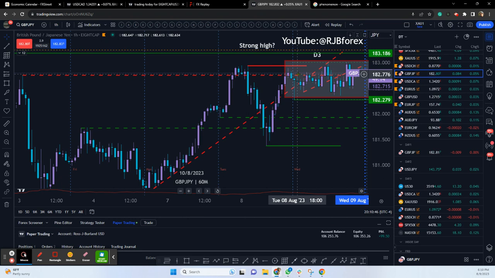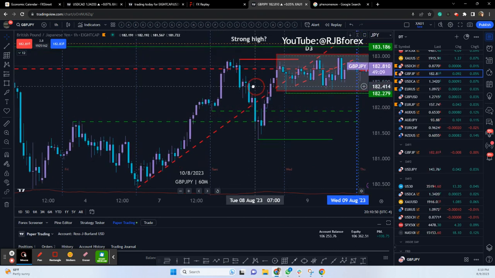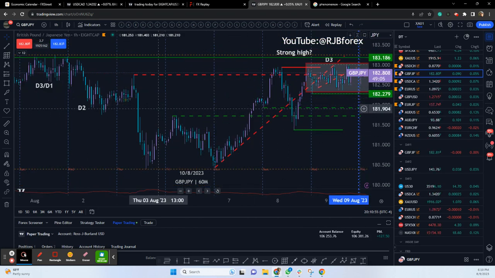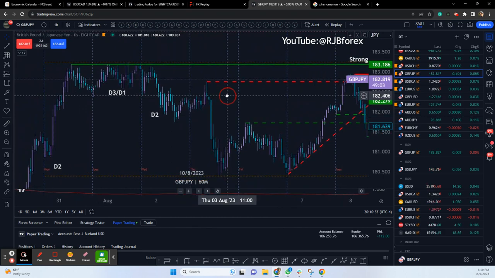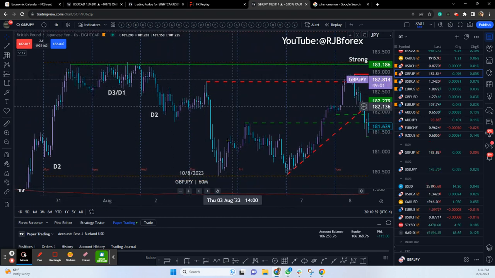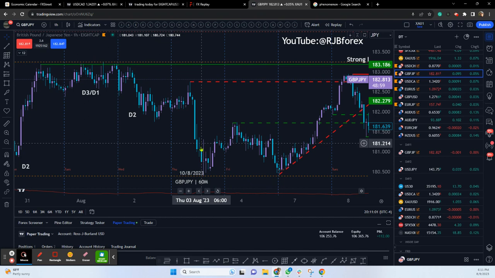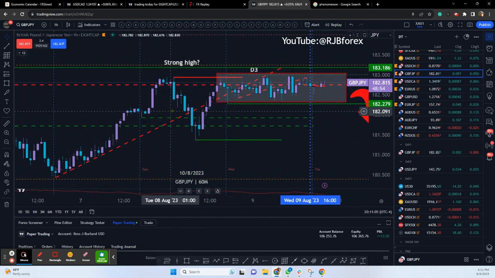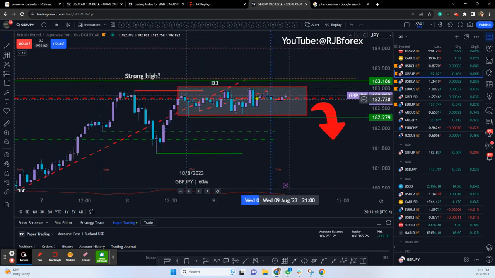And again, we closed above Friday's high. So previous account. So as long as it's still in the markets, we'll start again. So day count: day 1, day 2, day 3. And day 1, day 2.